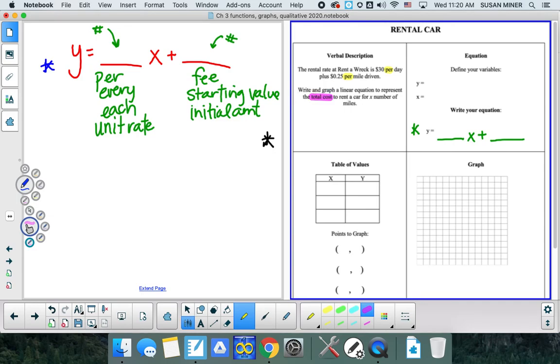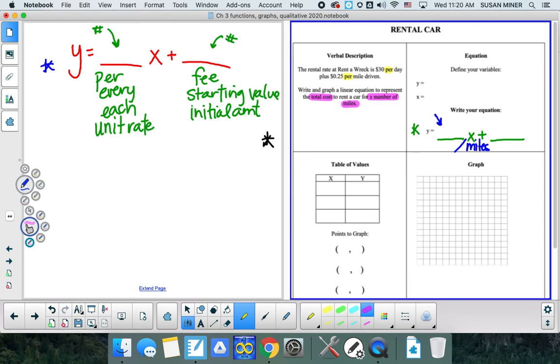Total cost to rent the car X number of miles. X is my number of miles. So this over here says X is miles. And remember, my X is my per what? Per mile.